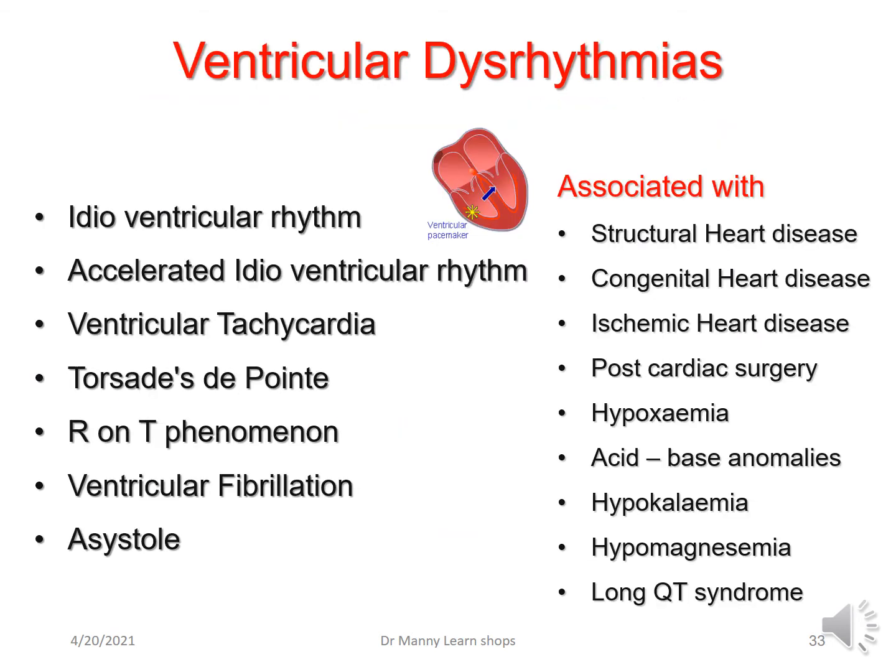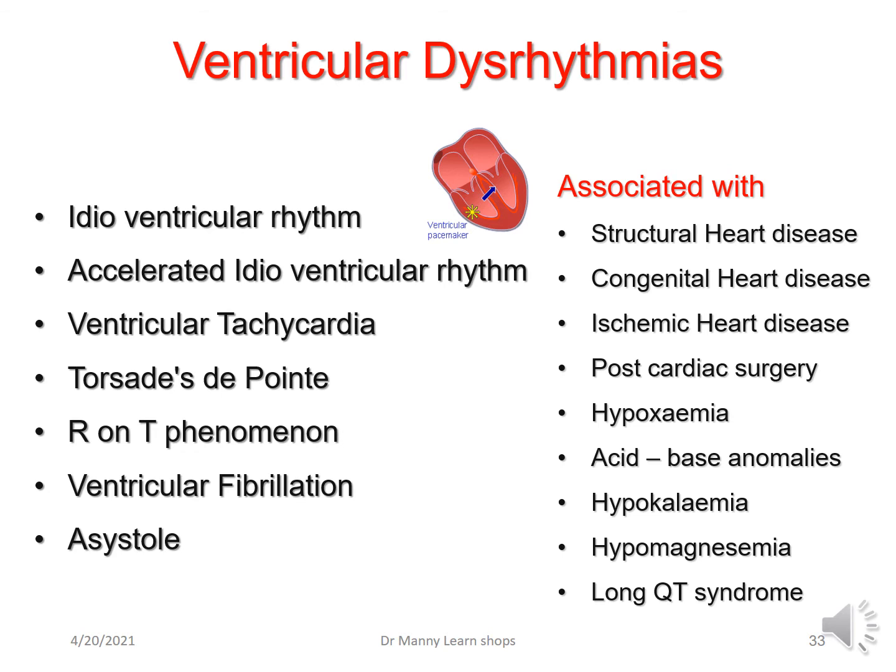Now let's look at ventricular dysrhythmias. Dysrhythmia just means different rhythms. Arrhythmias relates to irregular rhythms. We're going to be looking at idioventricular rhythms, accelerated idioventricular rhythms, ventricular tachycardia, torsades de pointes, R-on-T phenomenon, ventricular fibrillation, and asystole.